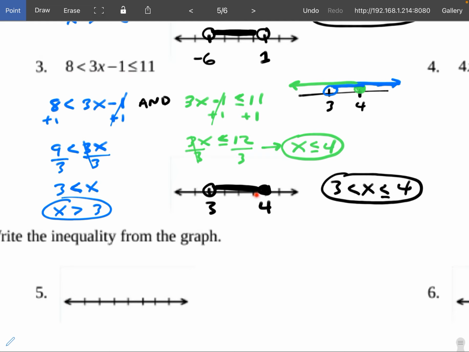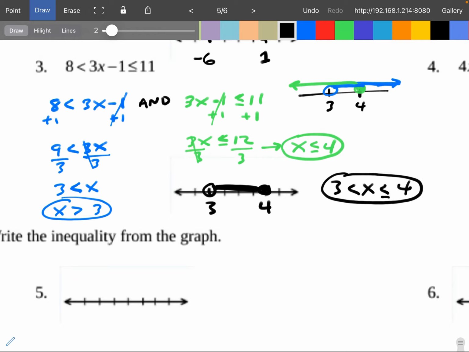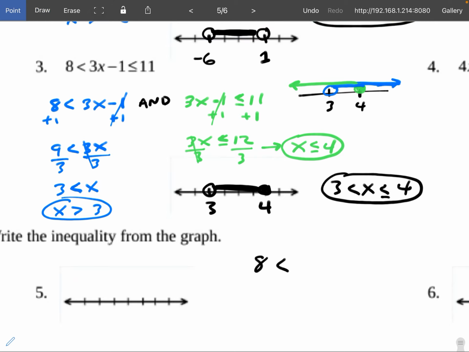So if I pick a number in the shaded region, it should make this thing true. Okay? So give me a number in the shaded region here. 3.5. So if I put 3.5 in right here, then I should get a true statement. So let's do that real quick. You don't have to write this down. I'm just going to write it down real quick.